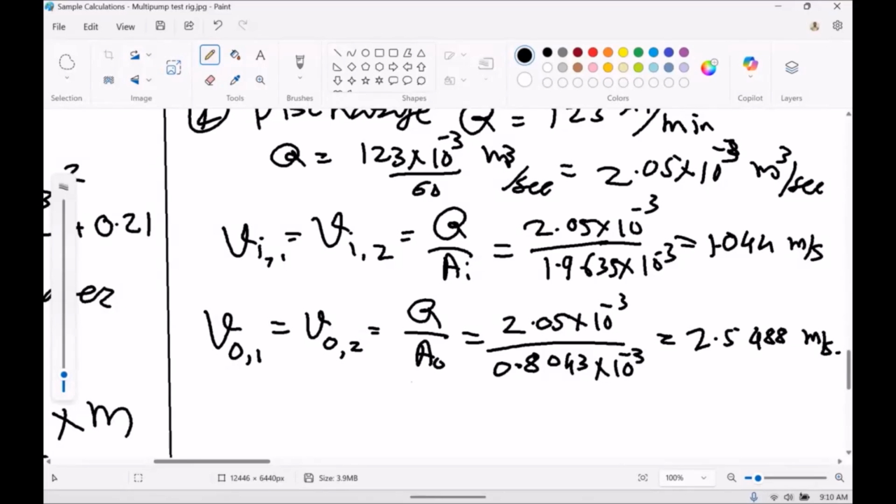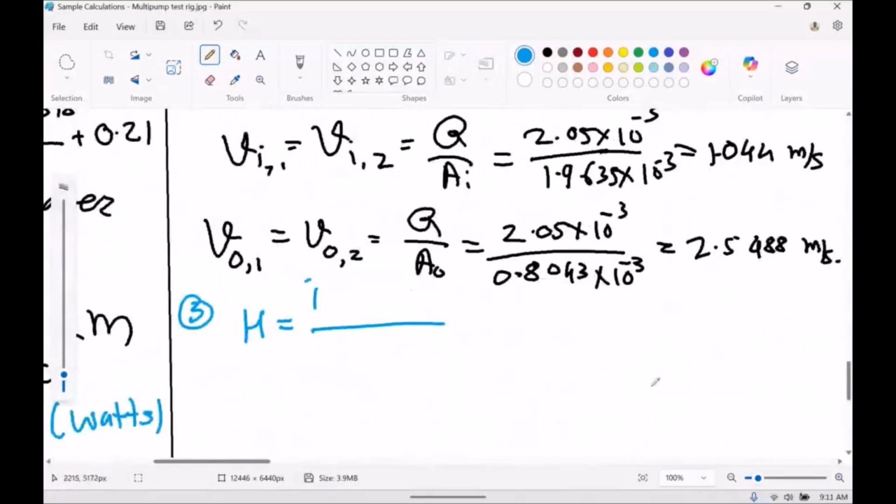So I know the velocity, I know the pressure, the average pressure. I can find head number 3. The head for parallel connection is given by H equal to, write the equation now from the diagram.